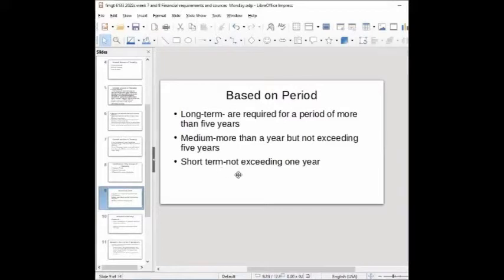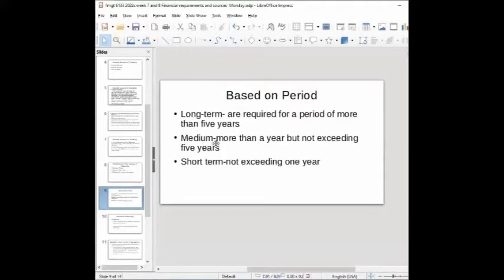For short-term sources of finances, these are required for a period not exceeding 1 year in terms of payment. And for medium-term sources, these are those which can be paid within a period of more than a year, but not exceeding 5 years.